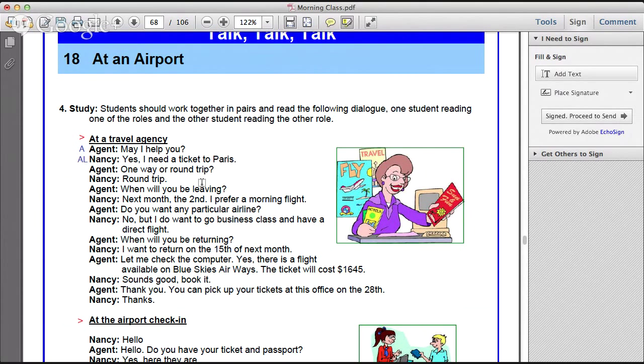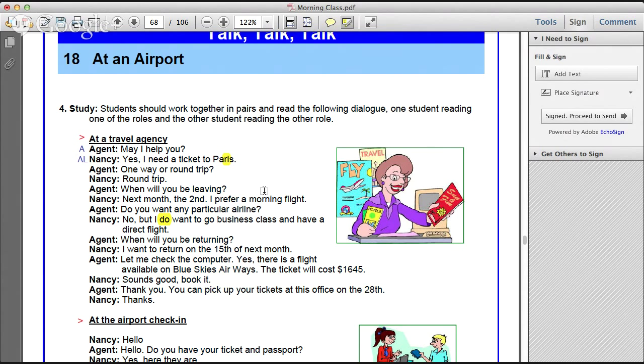May I help you? Yes, I need a ticket to Paris. One way or round trip? It's round trip. When will you be leaving? Next month, the 2nd. I prefer a morning flight. Do you want any particular airline? No, but I don't want to go business class. I have a direct flight. When will you be returning?